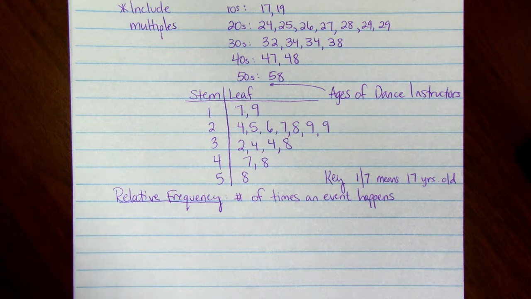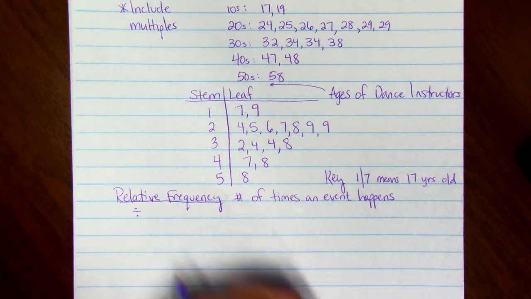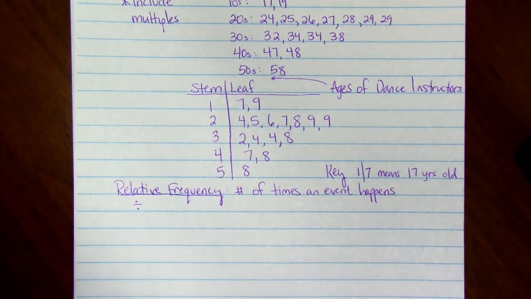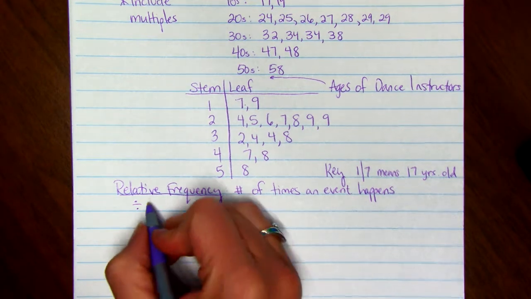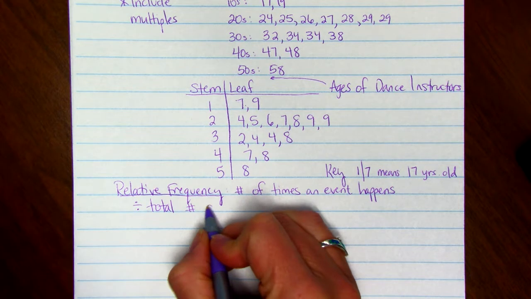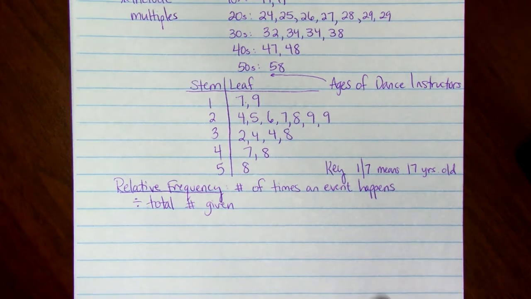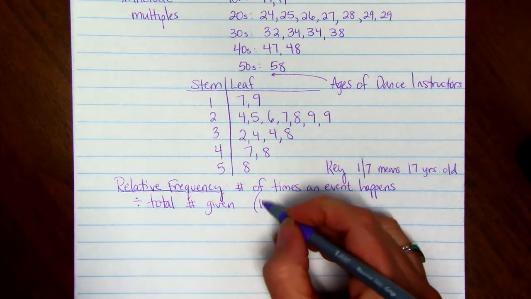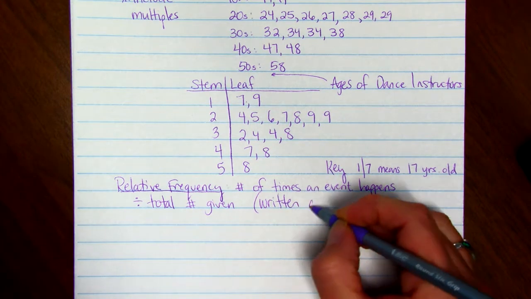If you divide that by the total number of trials, or total number given, that will give the relative frequency. And we write that as a percent.